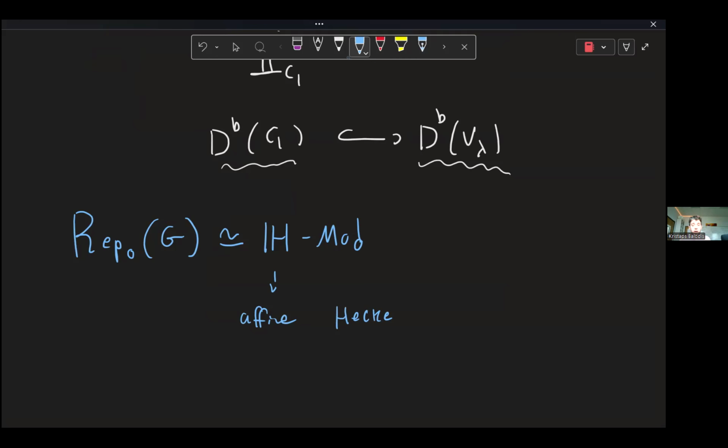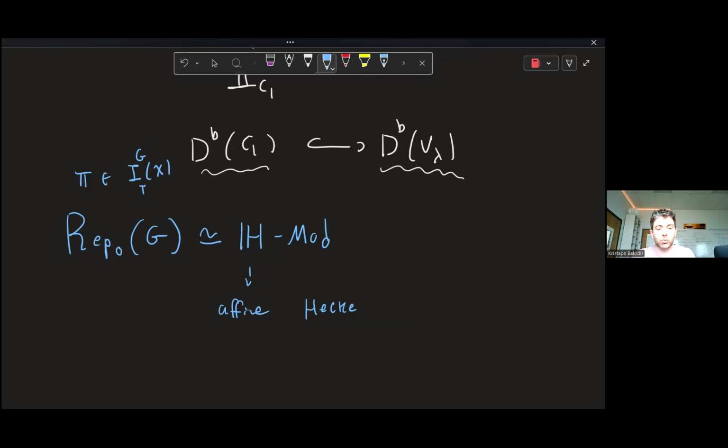And one possible way to explain what the principal block is: it's the full subcategory generated by those irreducible representations that show up in one of these induced representations from the torus, so one of these unramified characters being induced to the torus. This is one possible way to describe it.